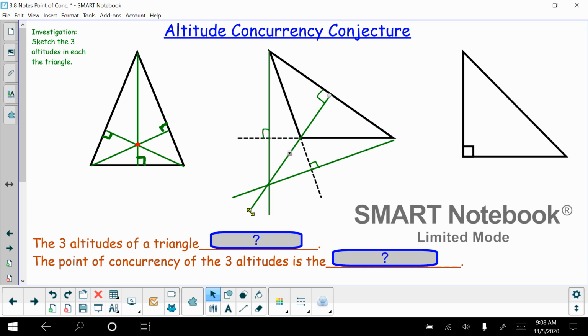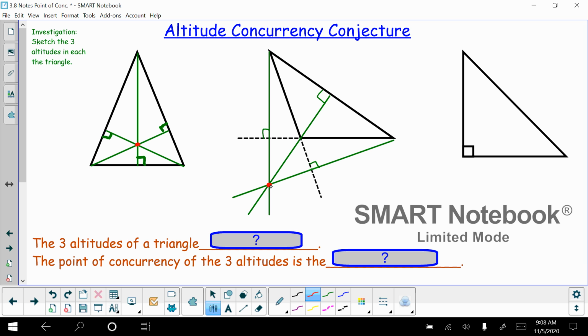I probably, again, because I'm just sketching them, I probably didn't. There we go. Let's just make them concurrent, okay? So these are concurrent, and the point of concurrency happens to be outside of the triangle, and that happens sometimes, okay? Sometimes it happens where it's outside or inside. So those 2 points are points of concurrency.